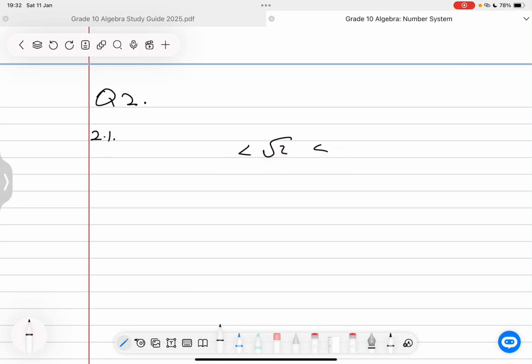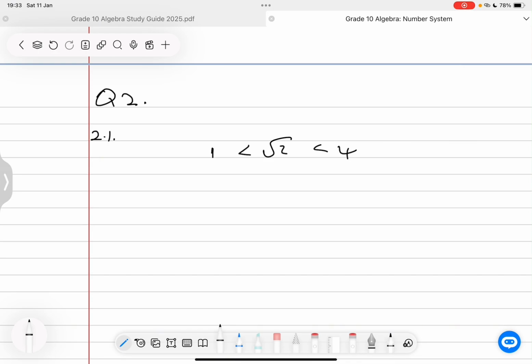The only perfect square that is less than 2 is 1, so here I'll put a 1. And the perfect square that is bigger than 2 on this side would be a 4.